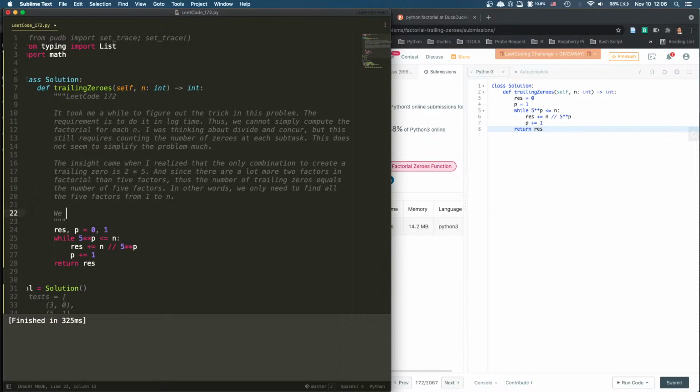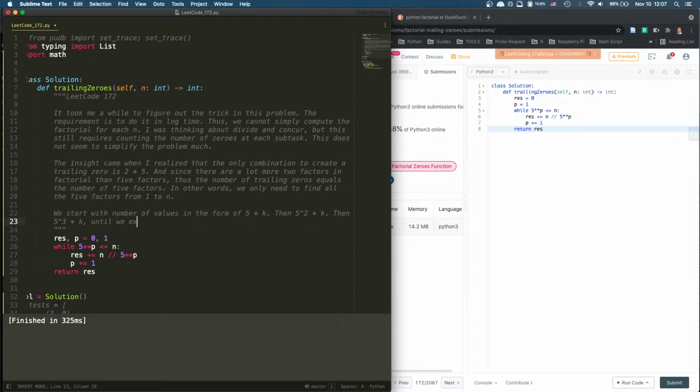So we start with values in the form of 5k, then 5 squared times k, then 5 to the third times k, until we exhaust, right?